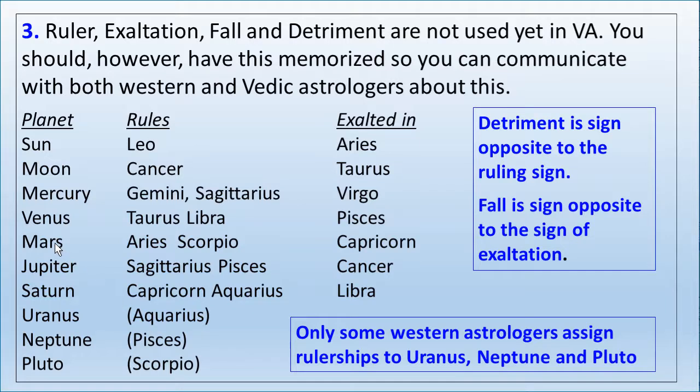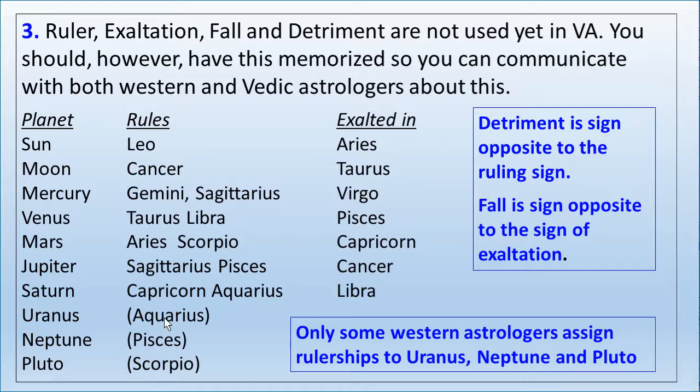So some modern Western astrologers say that Mars rules Aries and Pluto rules Scorpio, and some would say that both Mars and Pluto rule Scorpio. This is only an issue for some of the modern Western astrologers. In Hellenistic, medieval, and Vedic astrology, Uranus, Neptune, and Pluto do not rule anything.